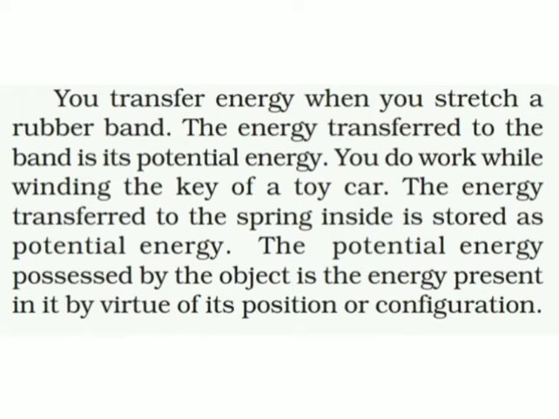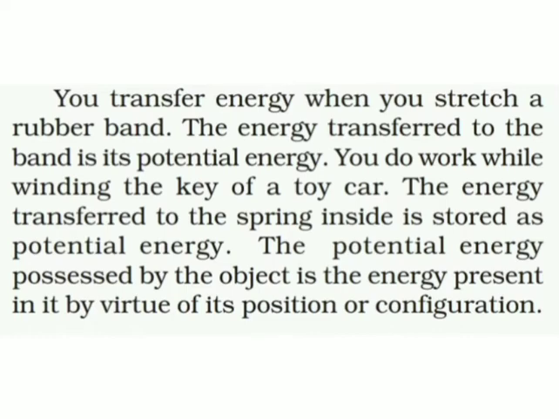So that energy is what we call potential energy. Therefore, the potential energy possessed by the object is the energy present in it by virtue of its position or its configuration.